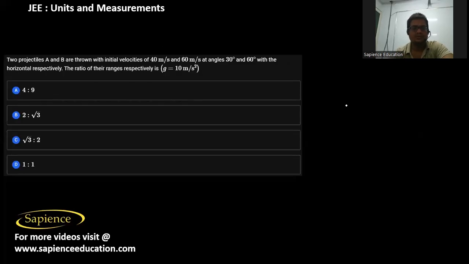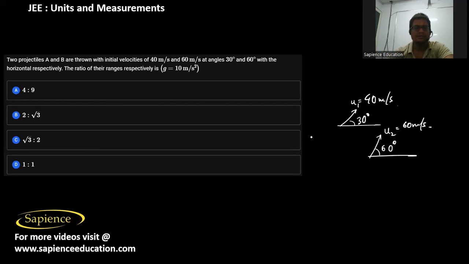So two projectiles, one is thrown at an angle of 30° with an initial velocity u1 which is 40 meter per second, and another projectile is thrown at an angle of 60° with an initial velocity u2 of 60 meter per second with the horizontal. The ratio of the ranges respectively is.